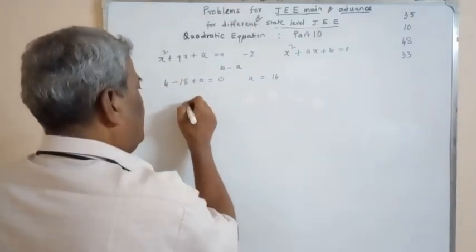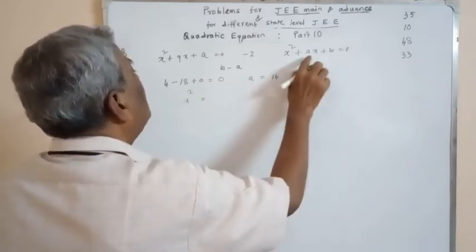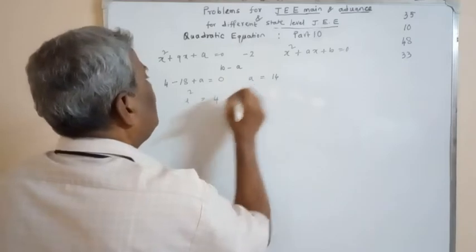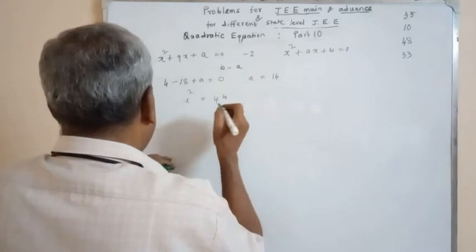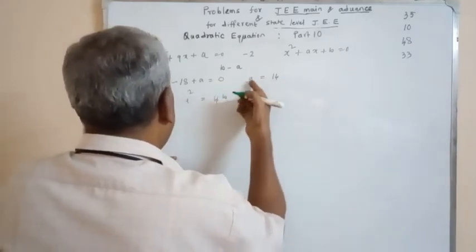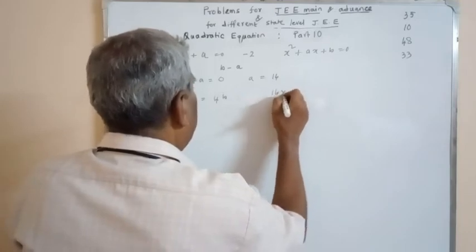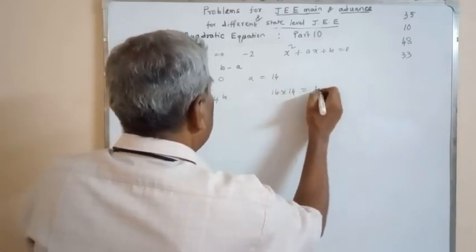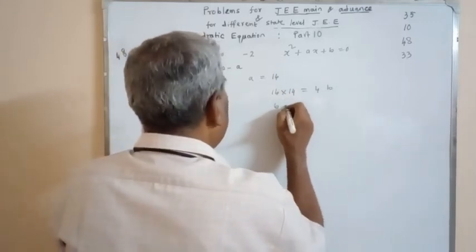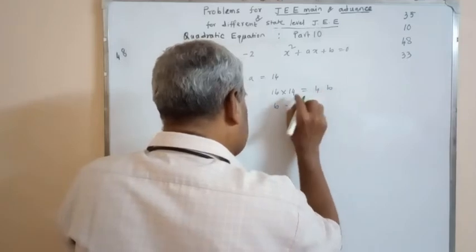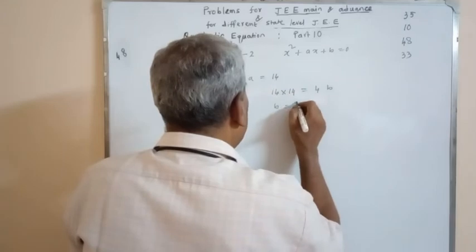So b square, that is, discriminant zero: a square, 14 into 14, is equal to 4b. That is, b is equal to 49, after cancelling, 7 into 7.